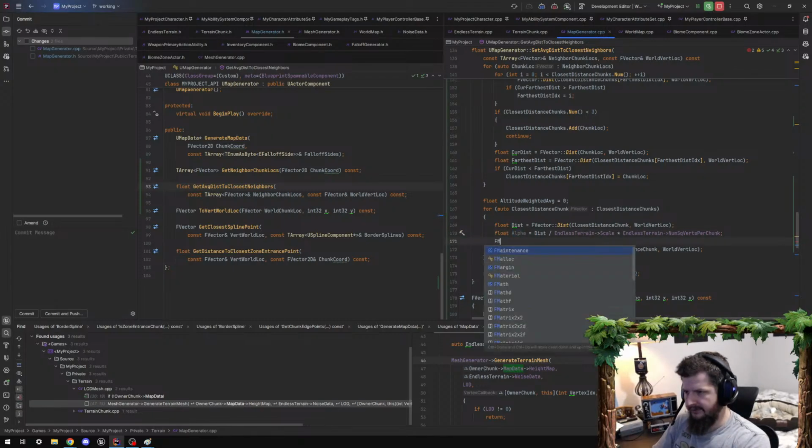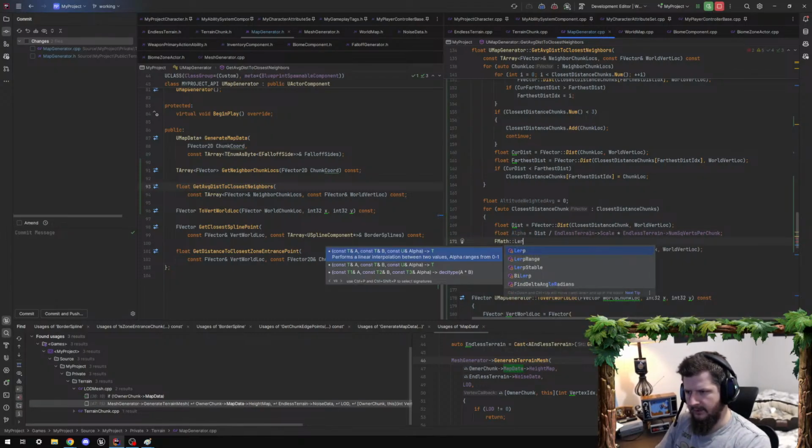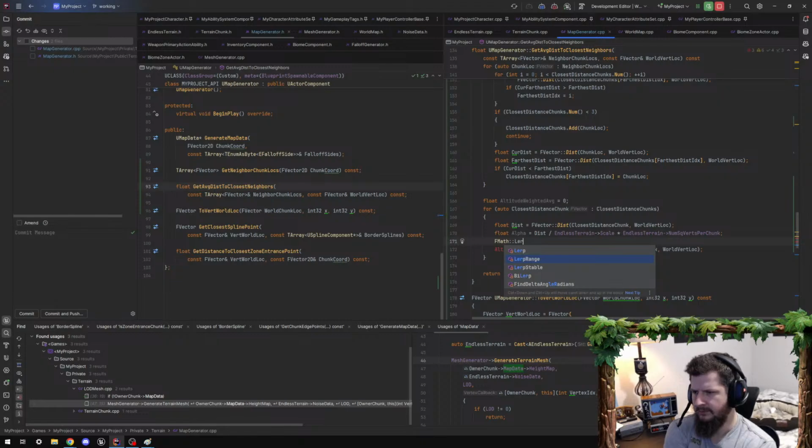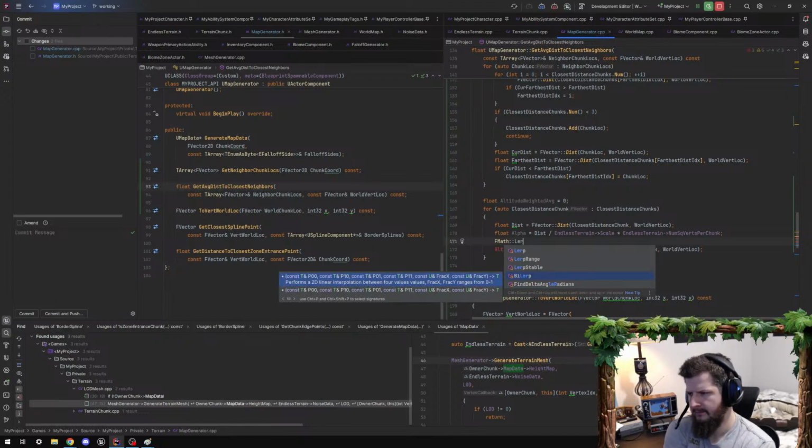And there's like an FMath lerp range. Okay, it takes in rotators. What the hell? By lerp between 4 values.